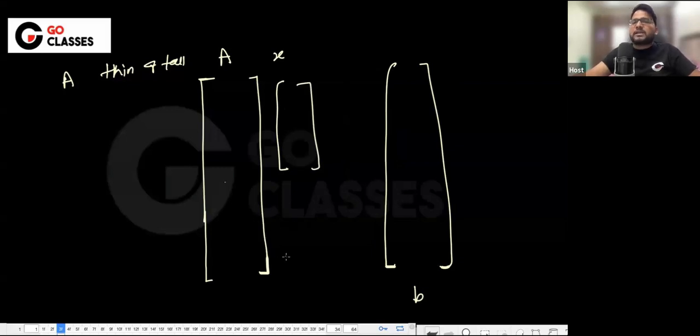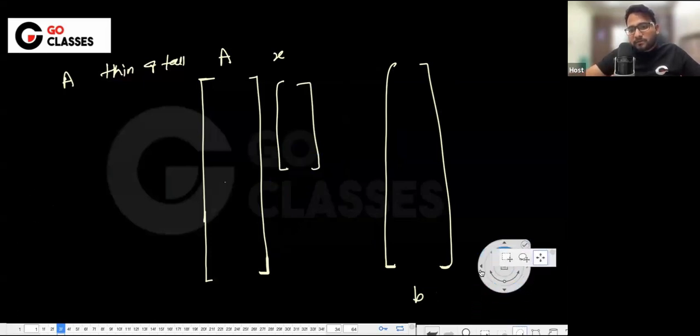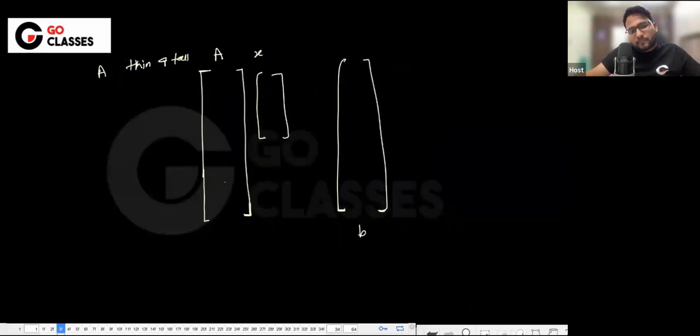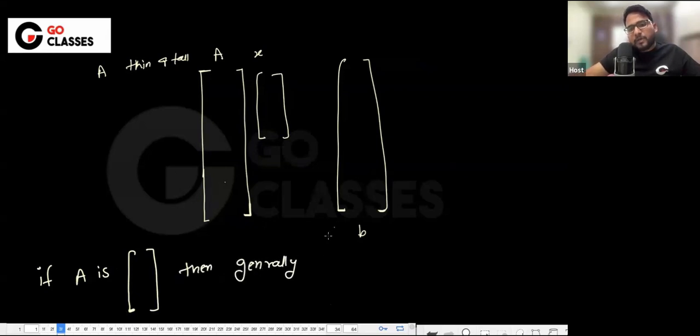It is generally the case that if A is thin and tall, quite thin and tall, something like this, then generally Ax equal to b is inconsistent. Do you agree?